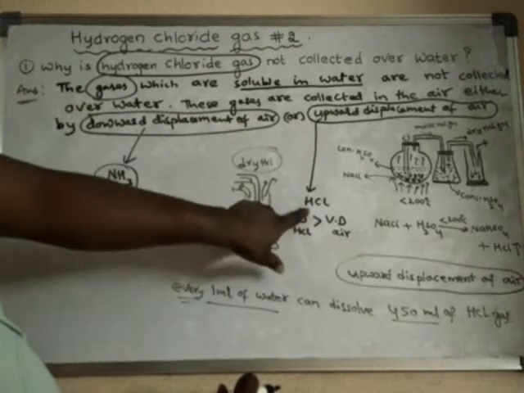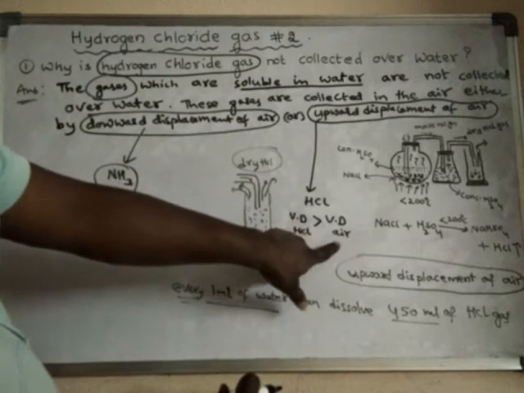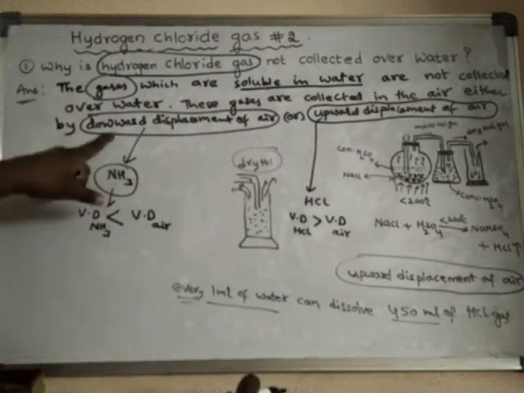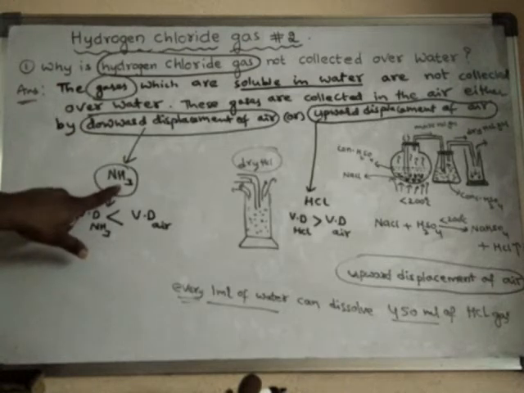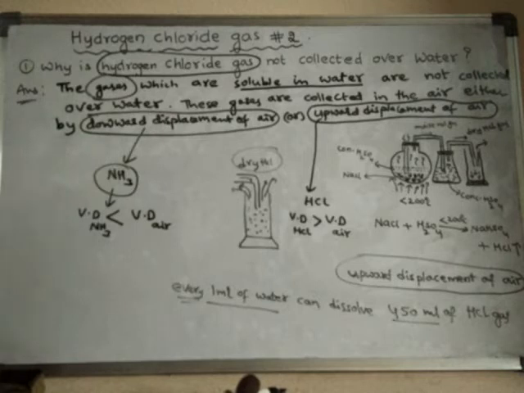If the vapor density of the gas is more than the vapor density of air, it is collected by upward displacement of air. If the vapor density of the gas is less than the vapor density of air, such a gas is collected by downward displacement of air.